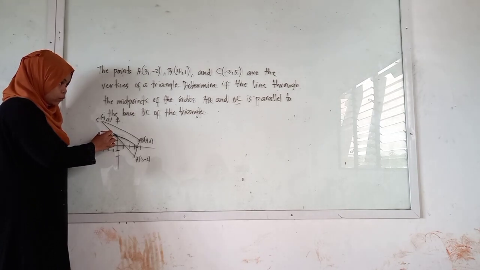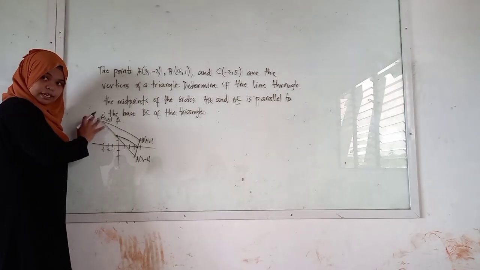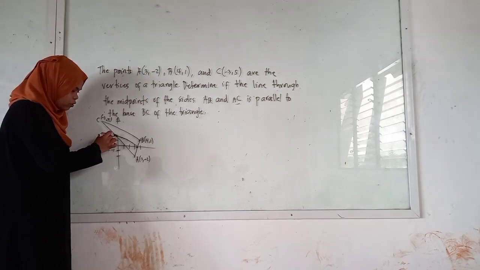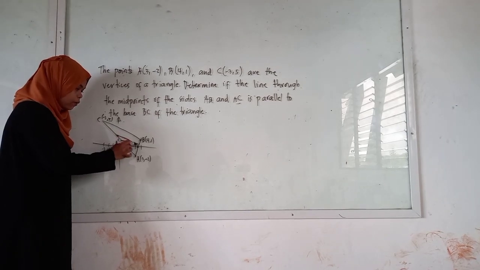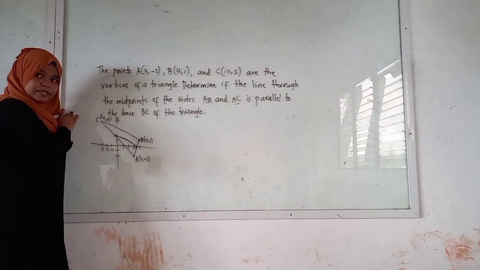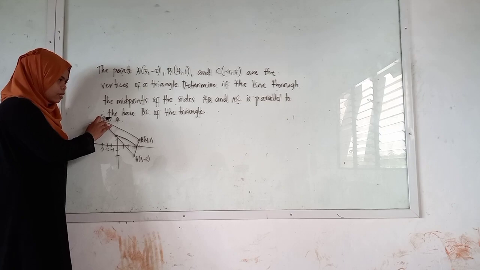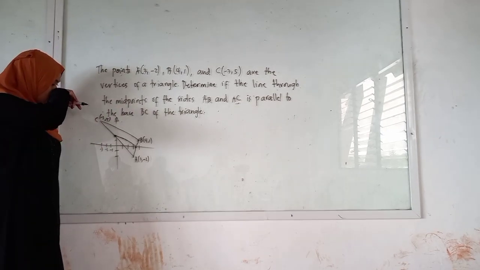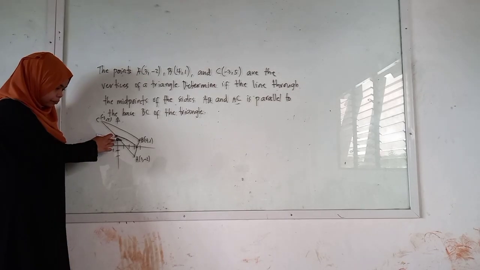So, we still need to find the midpoint of this side. Ipapakita natin na yung segment na mag-join dito sa dalawang point na to, sa dalawang midpoint na to, ay parallel daw sa base natin na BC. So, in this case, ang i-consider niya na base ay si BC. So, how are we going to show this one?